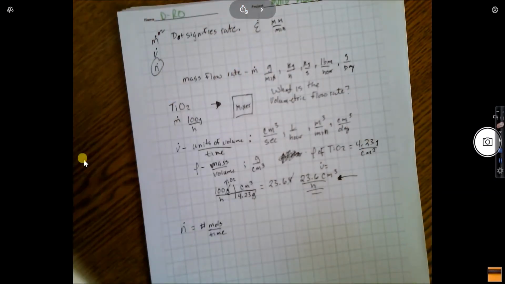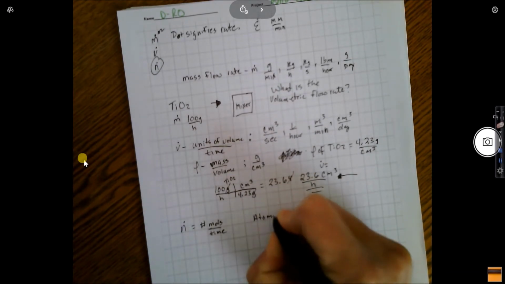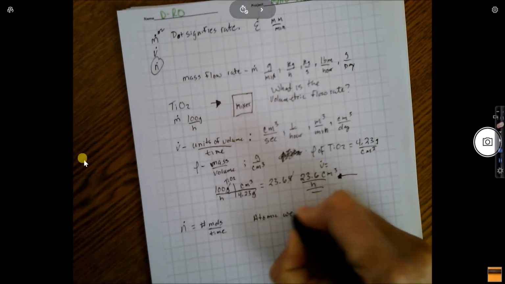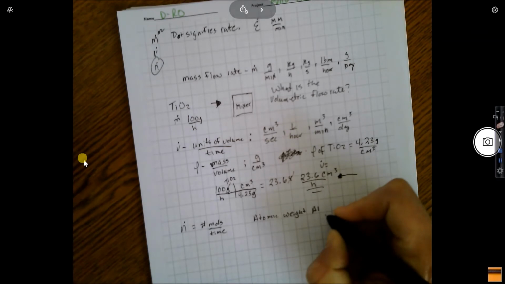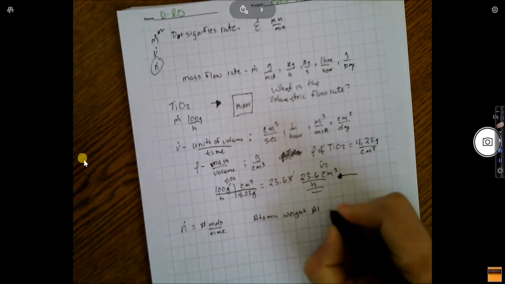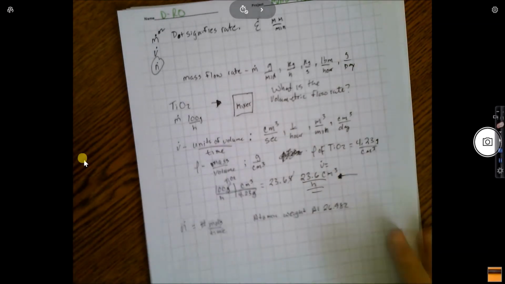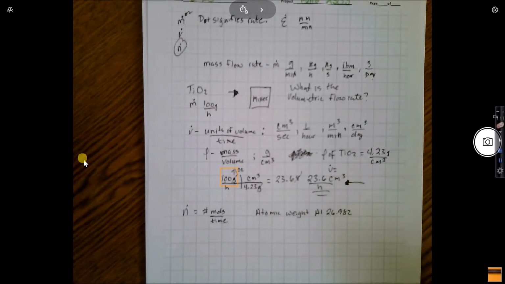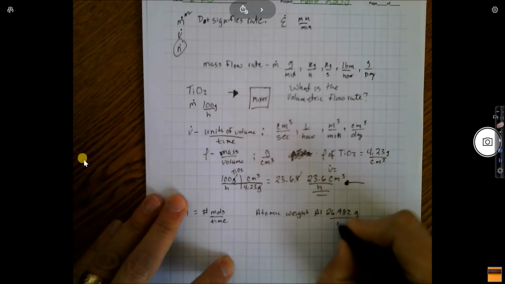So you can look it up on Google or if you have your own periodic table, but the atomic weight of aluminum is 26.982. Now, most of you, if not all of you, have taken chemistry at one time in your life, and you're probably told that this means 26.982 grams per mole.